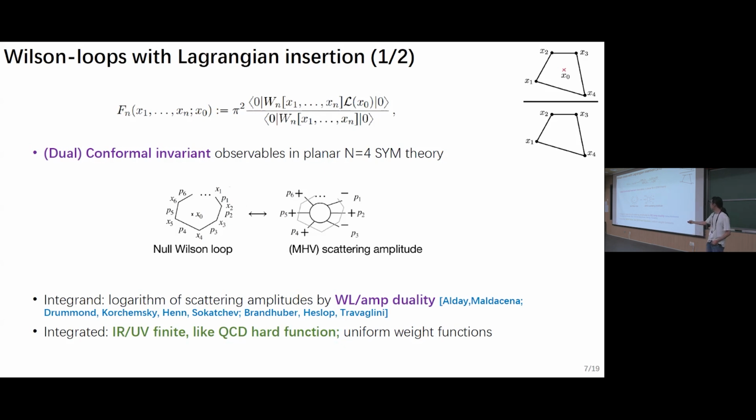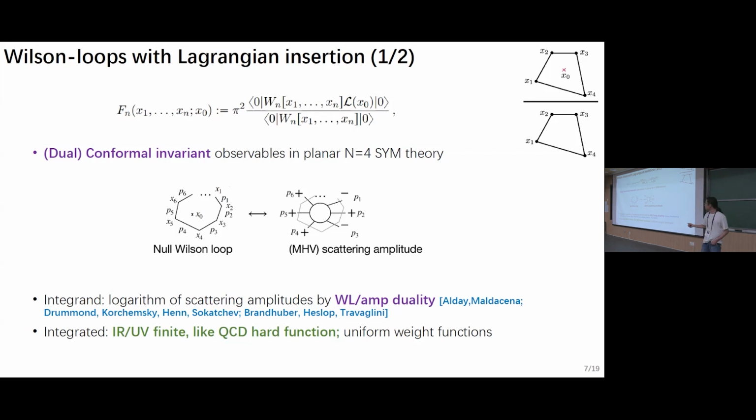And the third point, maybe more important for our discussion, is that for these observables, the Wilson loop in this theory only has divergence from the cusps, or say when you exchange some particles near the vertices. So when you take this ratio, you can very easily prove that after the perturbative expansion, all this divergence will be cancelled, and in each order you get only an IR finite thing.